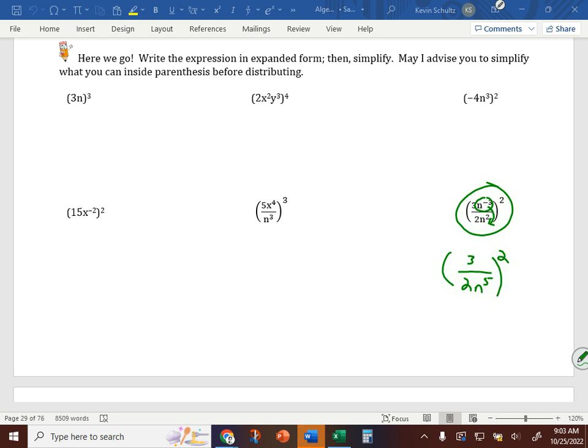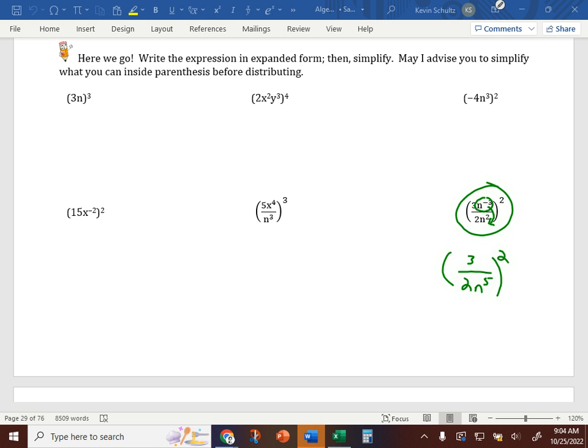Why that's helpful is going to keep my numbers smaller when I distribute in this 2, and it's one less thing I have to give the 2 to, right? It's anytime you've got multiple bases. Like if I had, I think on the second page, you'll see if you've got more than one of the same base, you can always simplify before you distribute. So let's just finish this one out here.